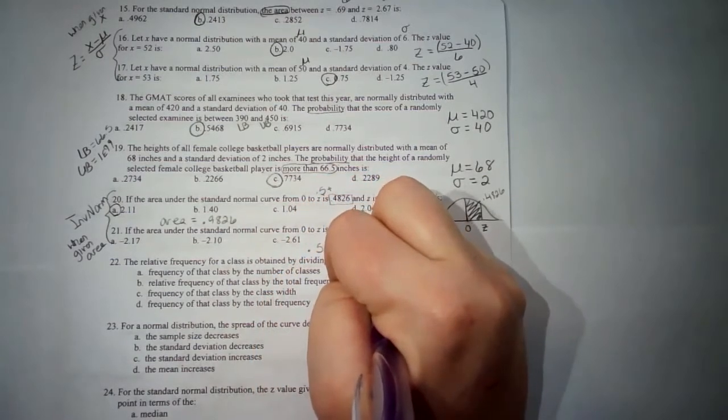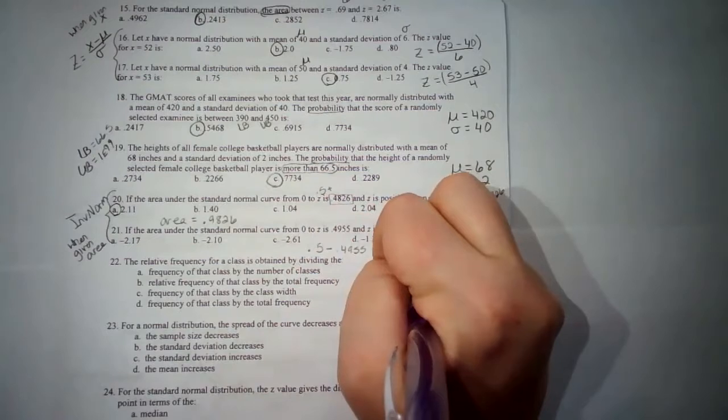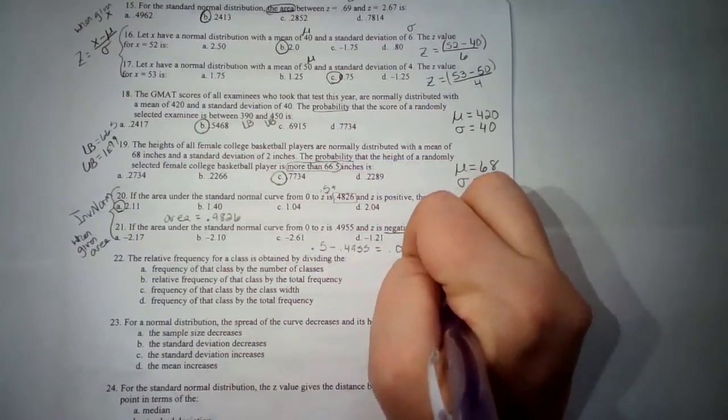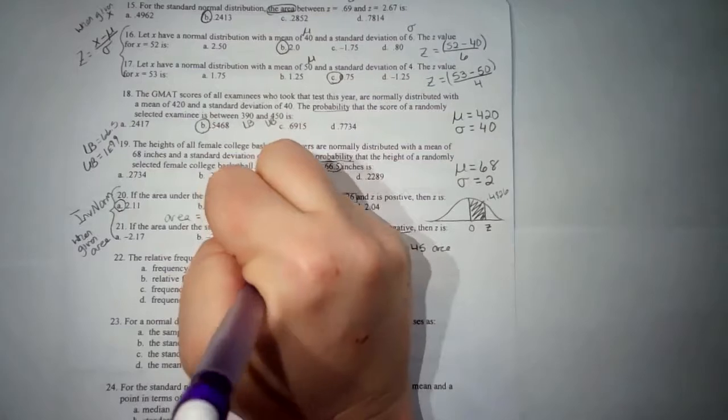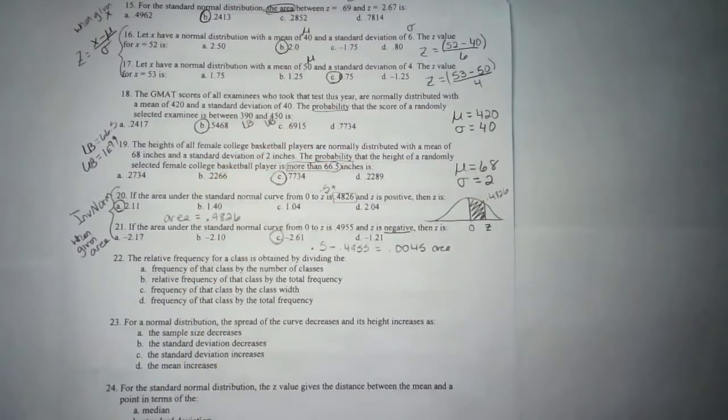That's going to be 0.0045. That's going to be my area that I put in there. And when I do that, I got negative 2.61. Make sure you can put that in there, your inverse norm, that in there, comma 0, comma 1. Does that make sense for those?